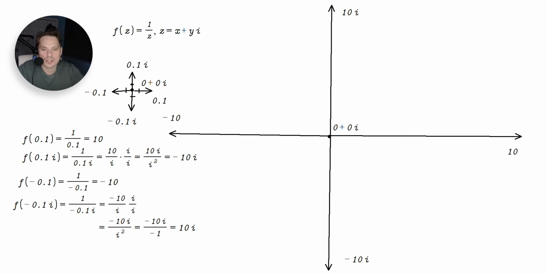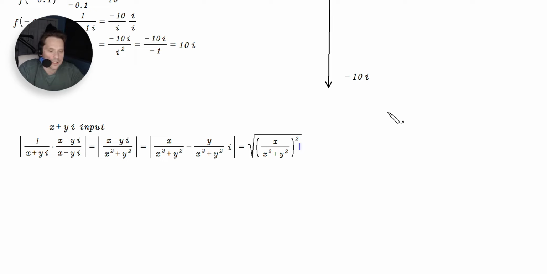Even if it's at some angle, like this angle right here, that's still an arrow, which means it still makes a right triangle this way, which means you can still use the Pythagorean theorem to find its length as usual. That never changes. So you're going to have plus y squared over x squared plus y squared, quantity squared. It's the Pythagorean theorem.